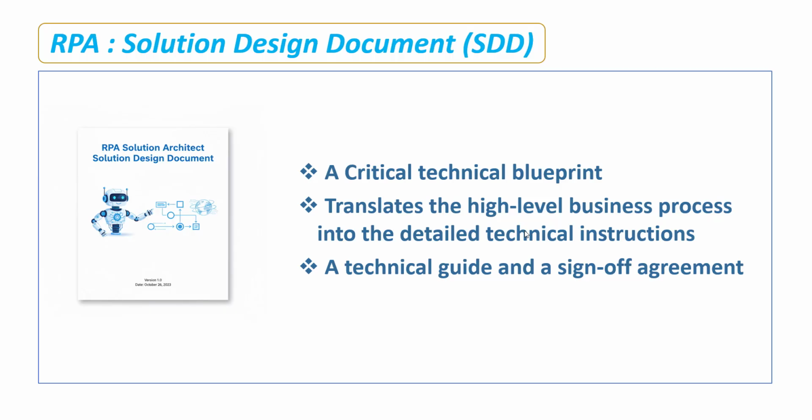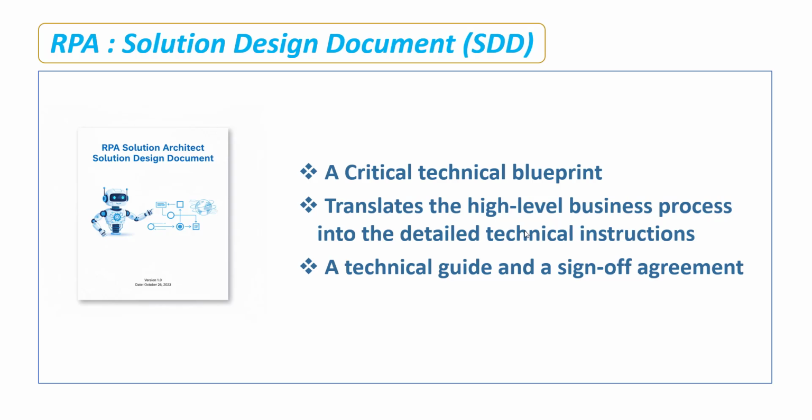The Solution Design Document SDD in robotic process automation is a critical technical blueprint prepared by an RPA Solution Architect with the help of RPA developer that outlines how a business process will be automated for building a resilient, scalable, and maintainable robotic solution.